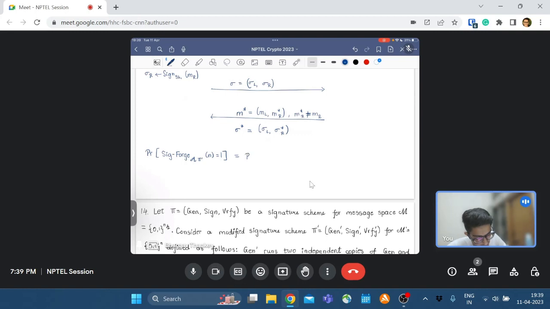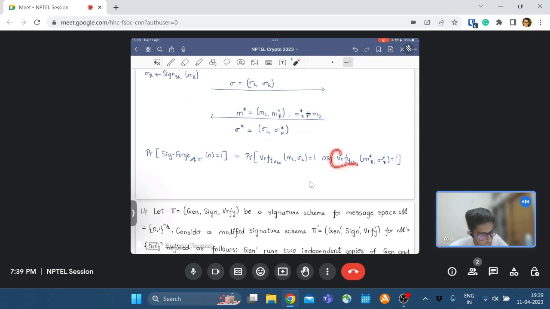It's the probability that verify VK0, ML, comma sigma L equals 1, or verify VK1, M star R, sigma star R equals 1.